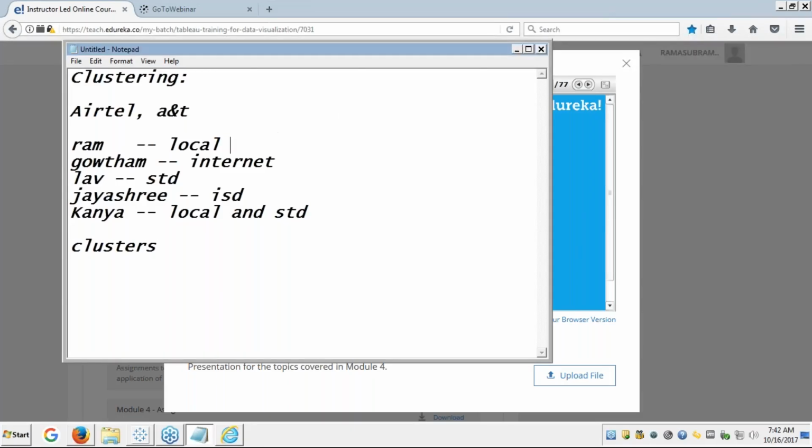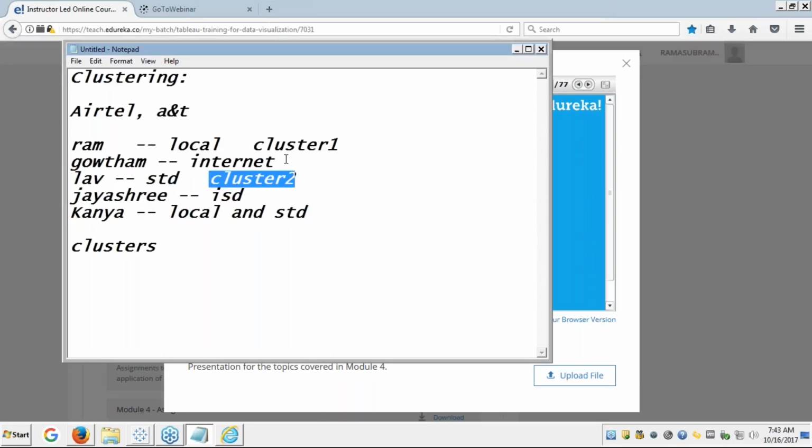So what my service provider will do is put me in this cluster. Not only me, there might be others in this cluster. Kanya, who is using STD, will have a separate cluster. A cluster 2 would be created for STD calls, so those who use STD, Kanya and others, will be in cluster 2.